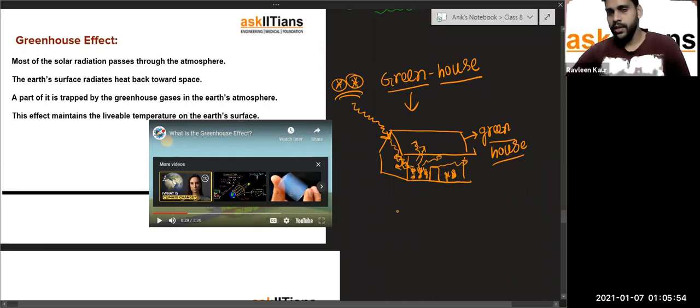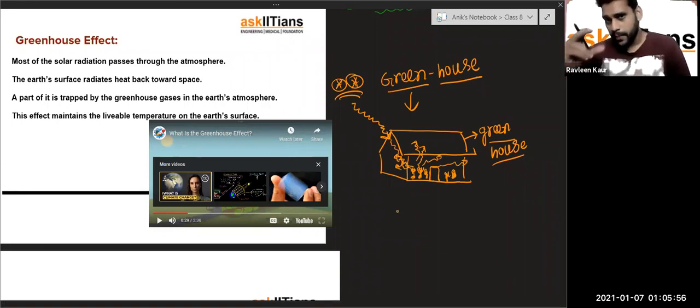There are reasons behind it. If you want to know why: after getting reflected, light has a larger wavelength. So as it has a larger wavelength, it has a lower penetrating power.